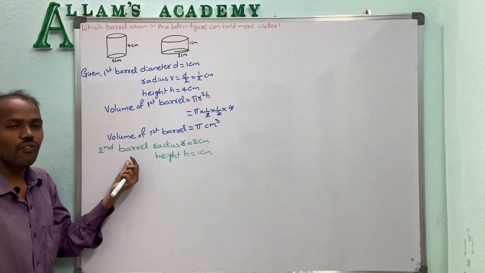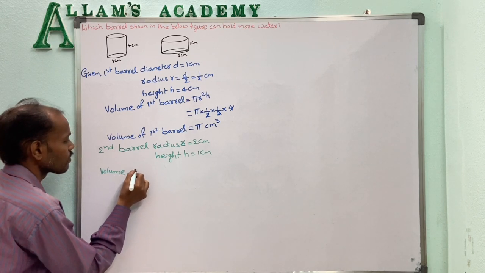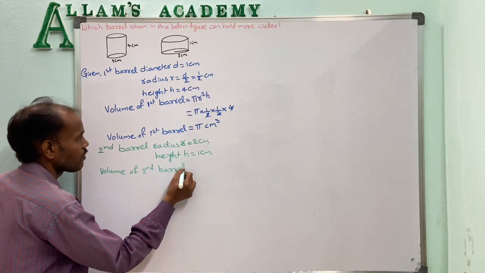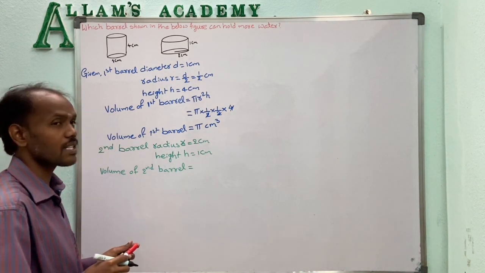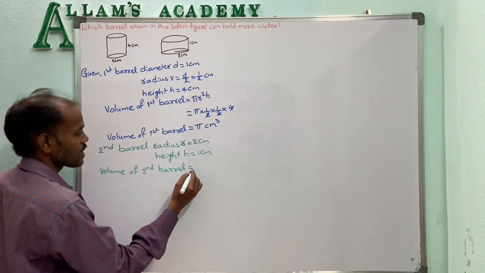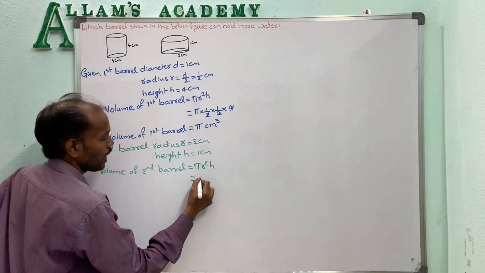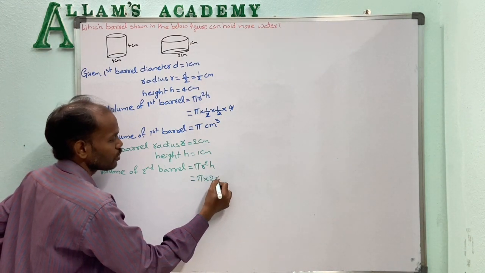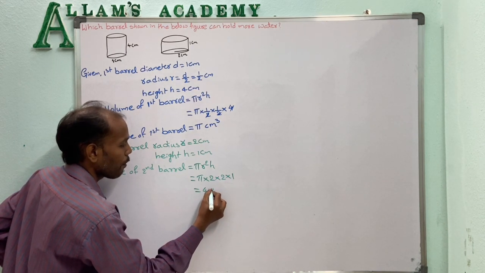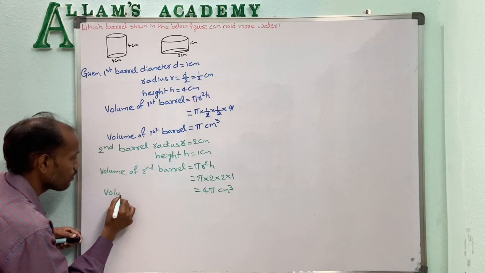Now finding the volume of the second barrel. It is also in the shape of a cylinder, so it is equal to pi r square h, that is equal to pi into the r value 2 into 2 into the h value 1, that is 4 pi centimeter cube. It is the volume of the second barrel.